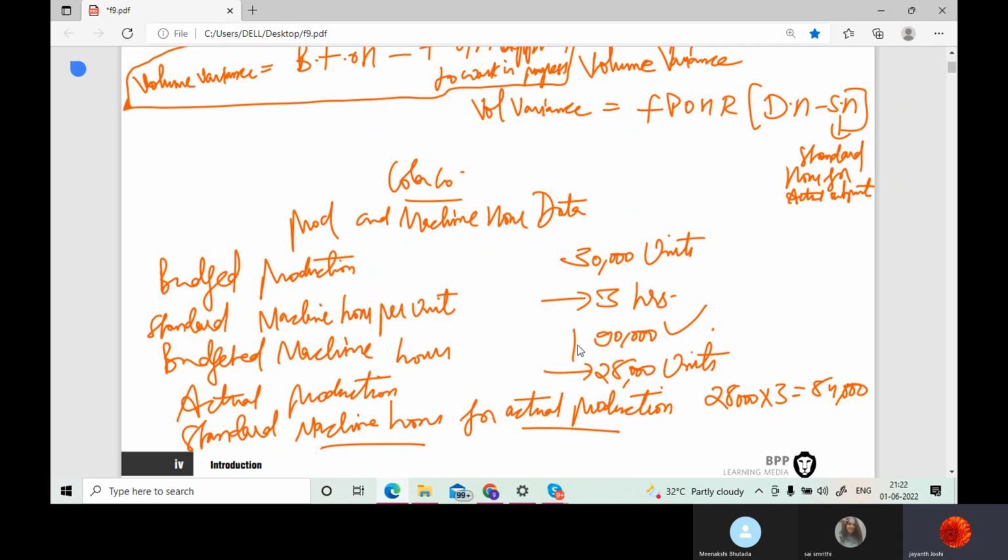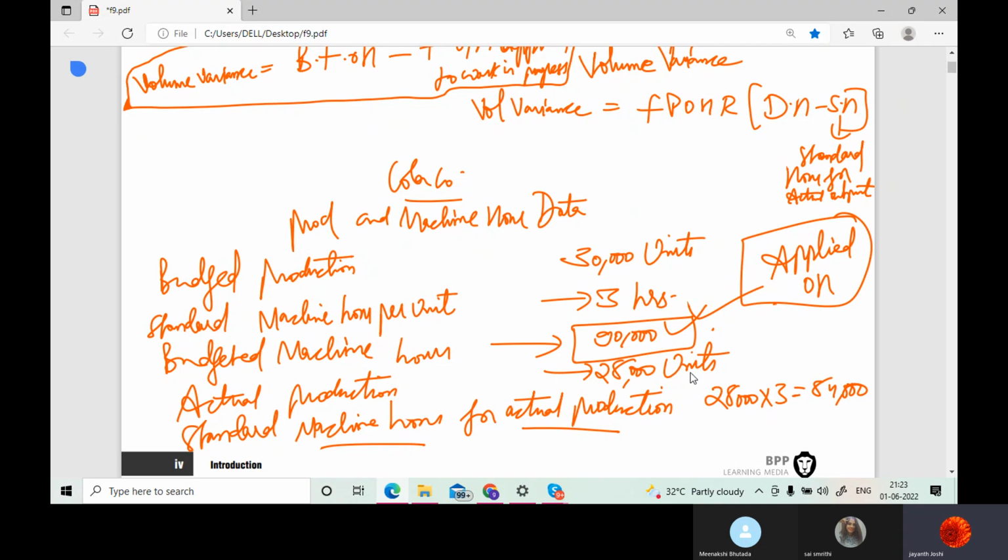This is your budgeted. This we will be taking as a base to find out our predetermined overhead rate. This will be applied overheads. We will be taking this as our base, and standard machine hours for actual production.